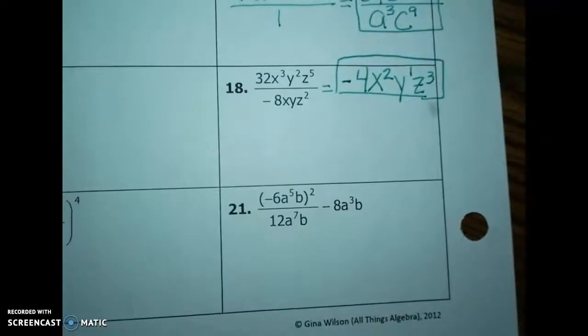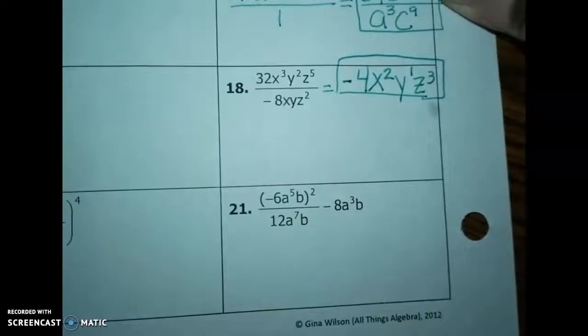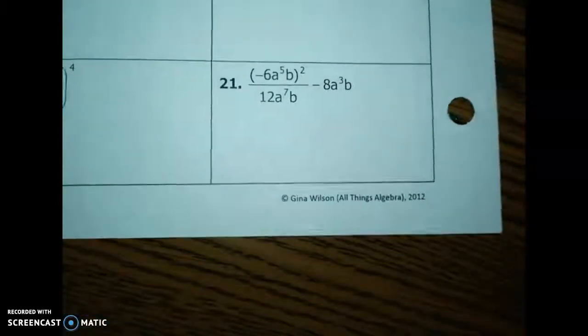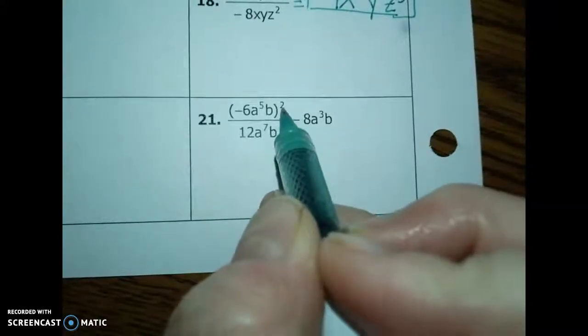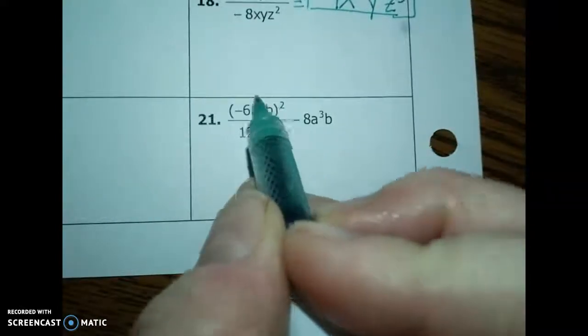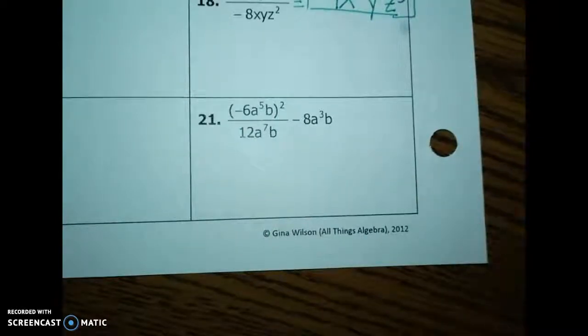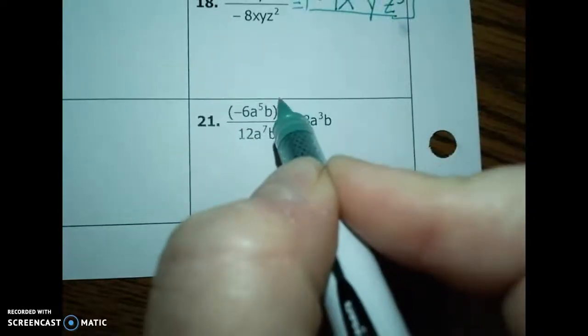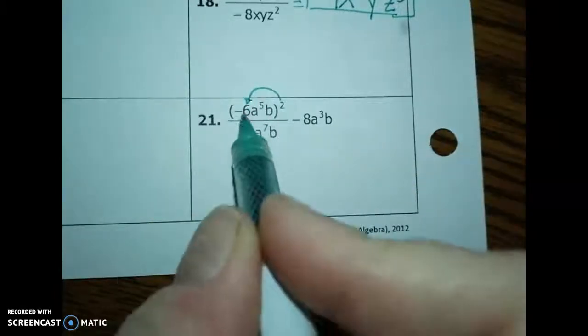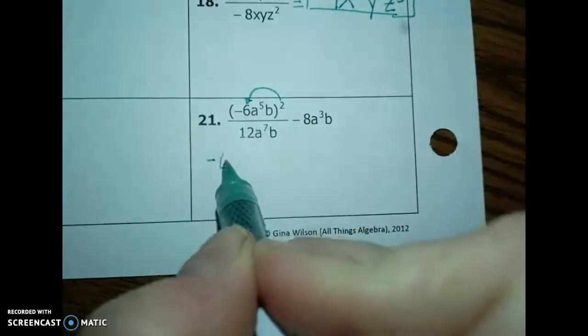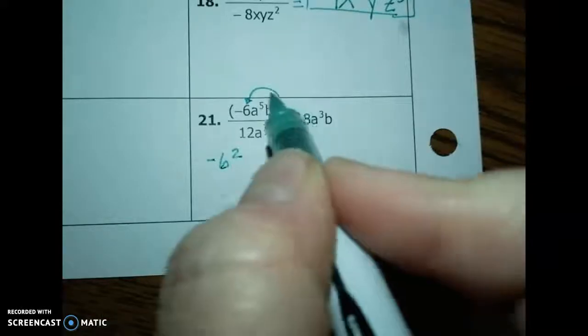All right. Number 21. That was the one you elected to do first in the notes because it looked pretty ugly, but we'll take a look at it. Remember, when you have an exponent next to a parenthesis, it means you must distribute that all the way through with multiplication. So the negative 6 actually has an exponent of 1, so this is going to be negative 6 squared.